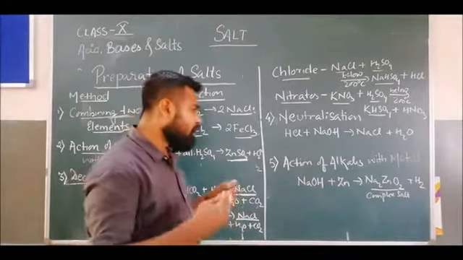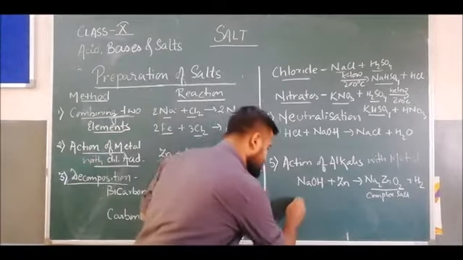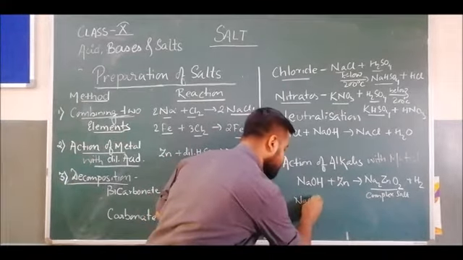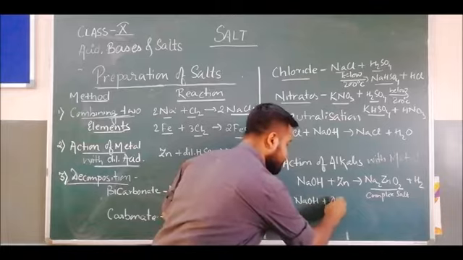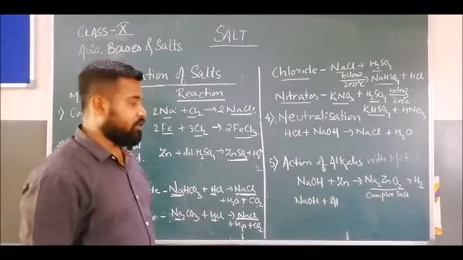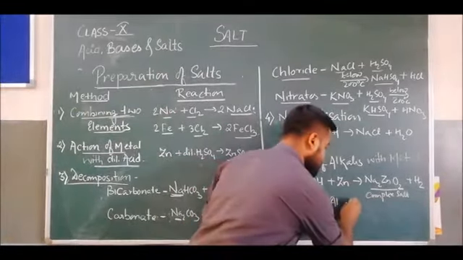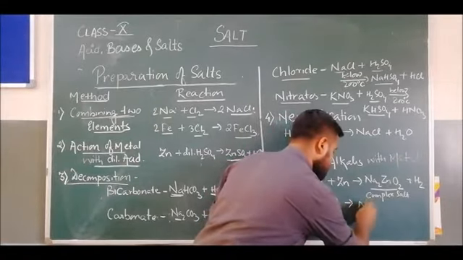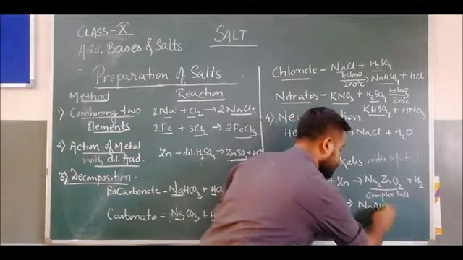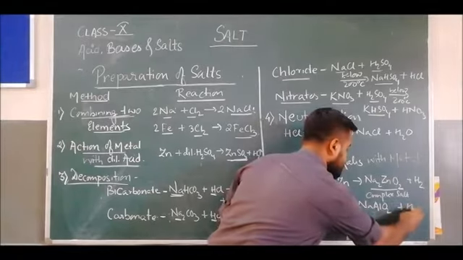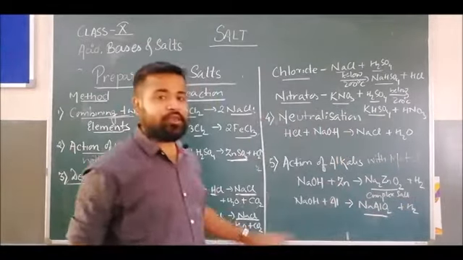Clear? Similarly, another example, if this NaOH is treated with aluminium, here also we get one complex salt, that is NaAlO2 plus H2. So this is called sodium aluminate.